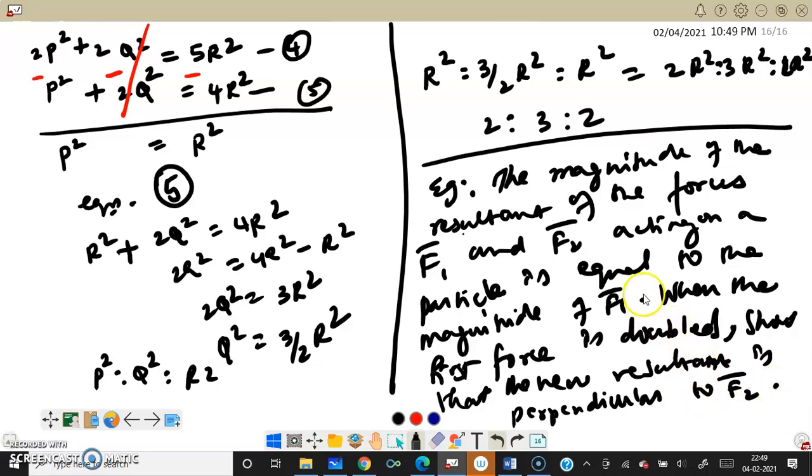What is given? The magnitude of the resultant of the forces F1 and F2 acting on a particle is equal to the magnitude of F1. When this F1 is doubled, show that the new resultant is perpendicular to F2. Fine, we'll see what it is.